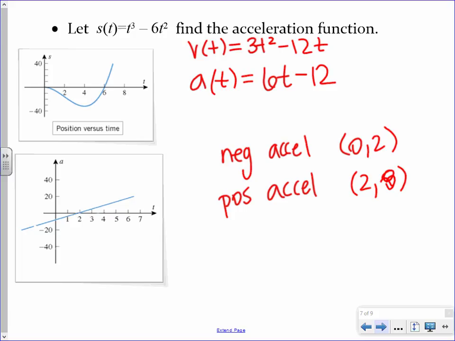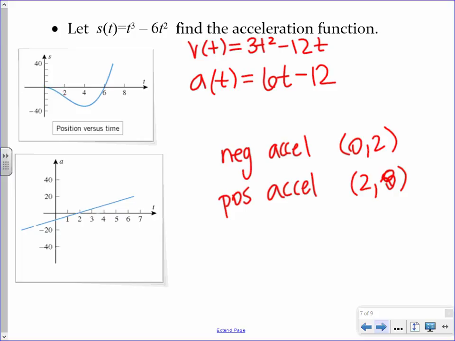Okay. Now, let's talk about our position curve and how it relates to those intervals. What's happening from 0 to 2 on our curve? What's the concavity? We have a concave down piece, which means our second derivative is negative.